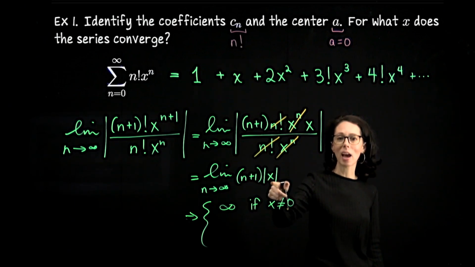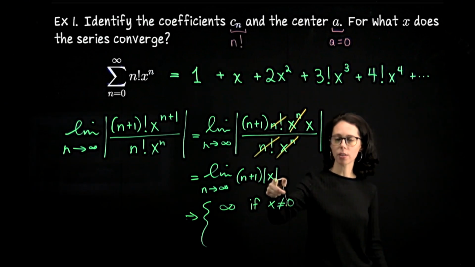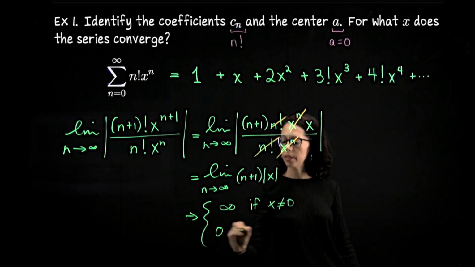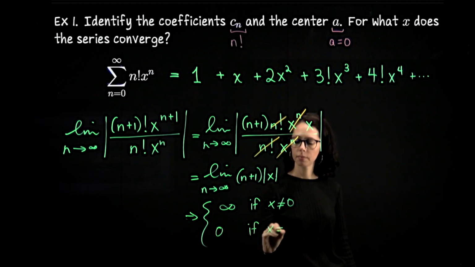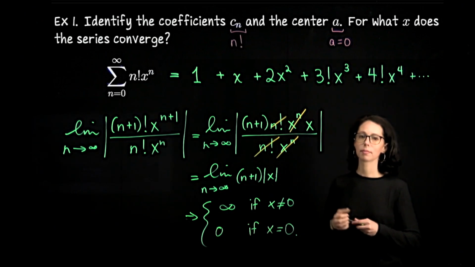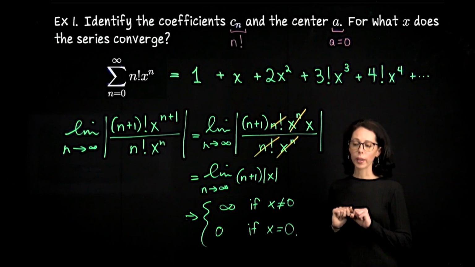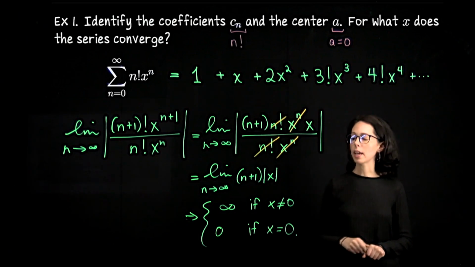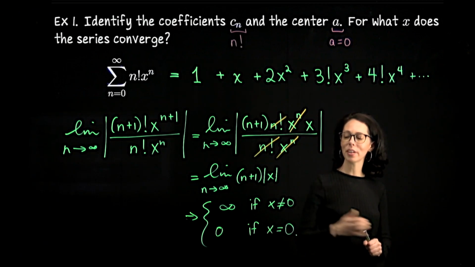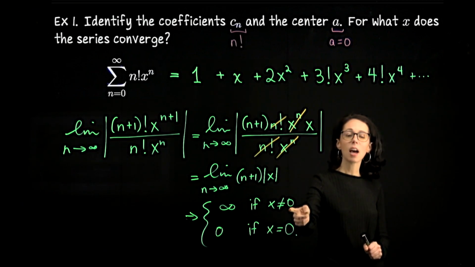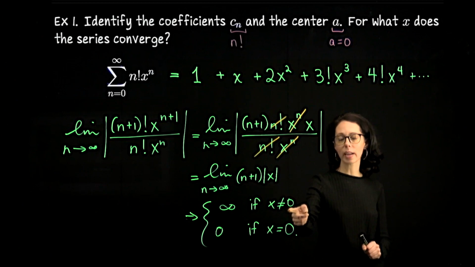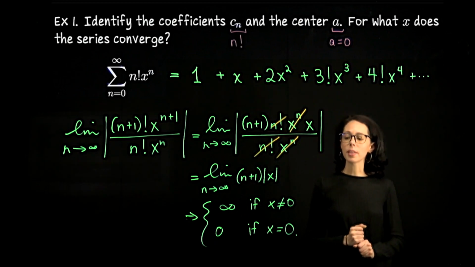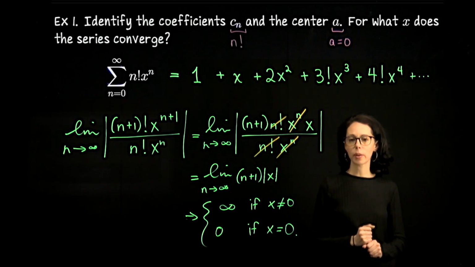So it's n plus 1 times 0. That's always 0. As n goes to infinity, it stays at 0. So it's 0 if x equals 0. If we compare this to the statement of the ratio test, what we are now saying is, hey, it converges when x equals 0. It does not converge at all. It diverges when x is not 0. So this power series only converges when x equals 0.